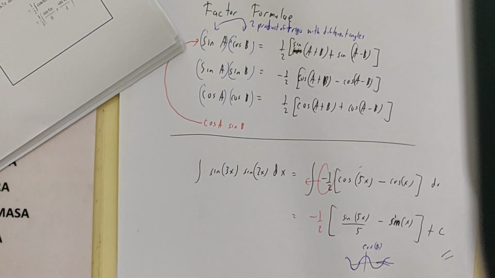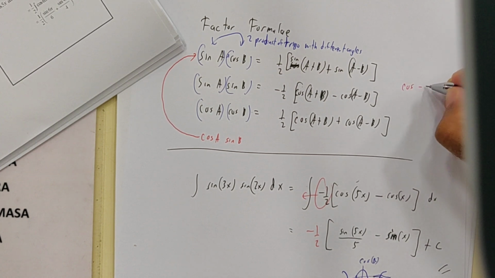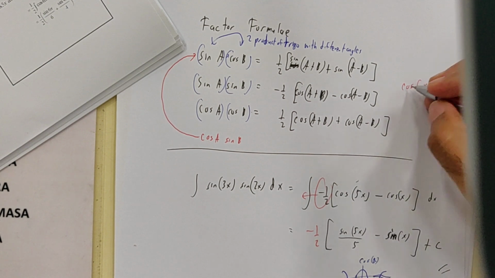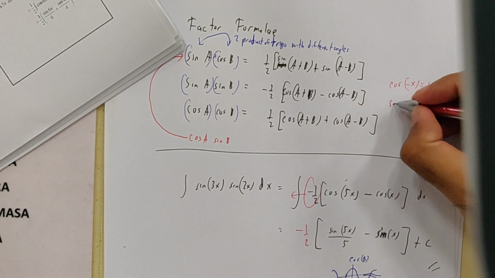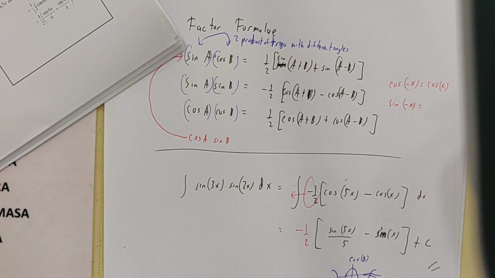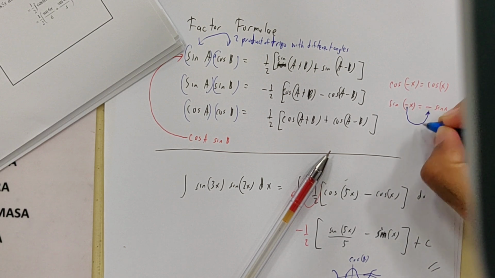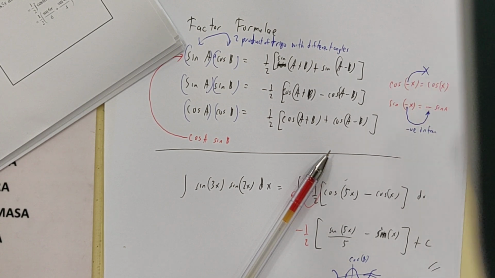Okay, technically from your trigo, remember this part. Cos negative x is the same as cos x, and sine negative x is equals to negative sine x. So it means here this negative put in front, and this one here no negative.